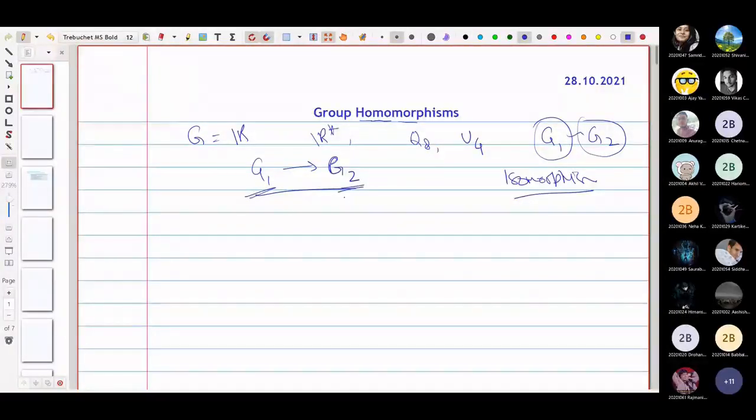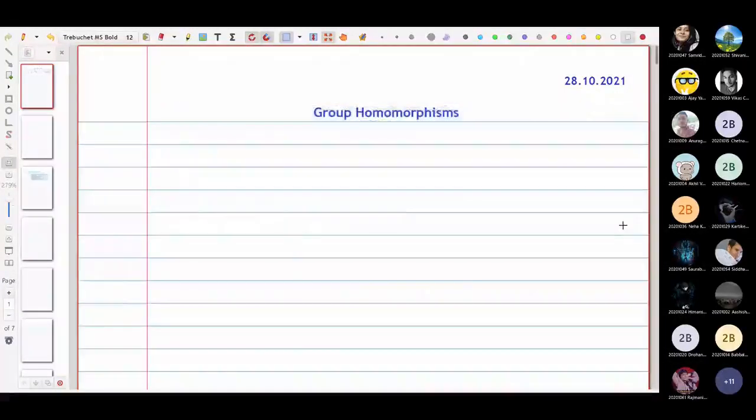In more precise words, the operation is preserved. In isomorphism the properties are the same in the two groups, but in homomorphism the operations are preserved. So let us see what a group homomorphism is.